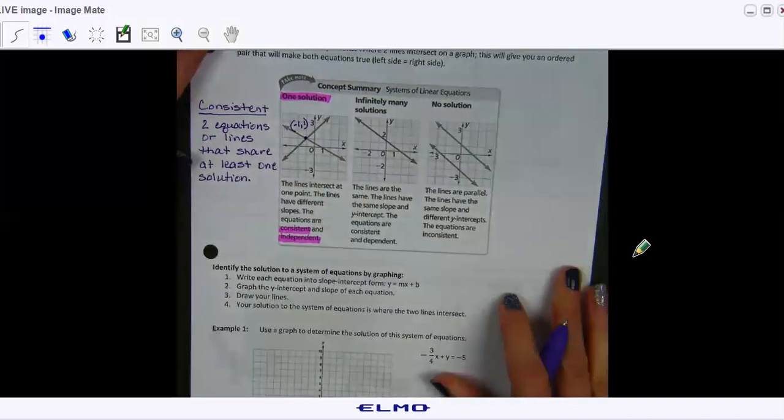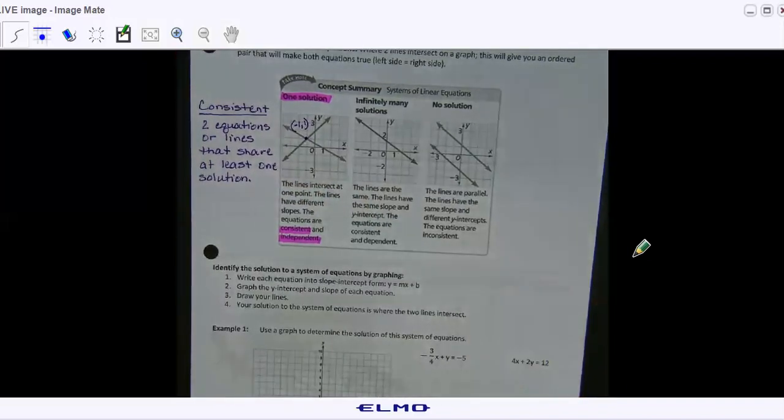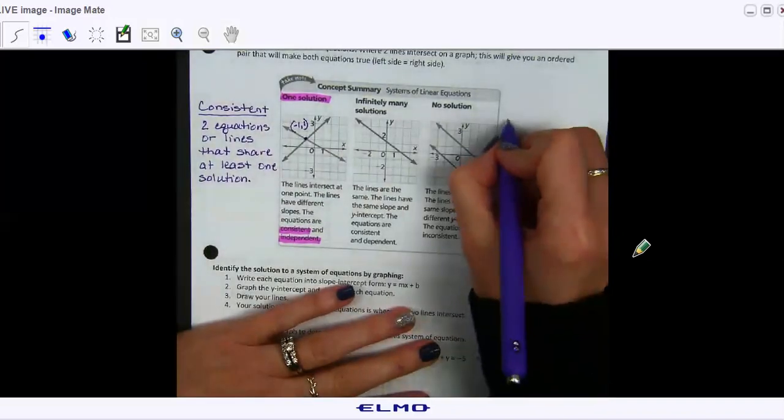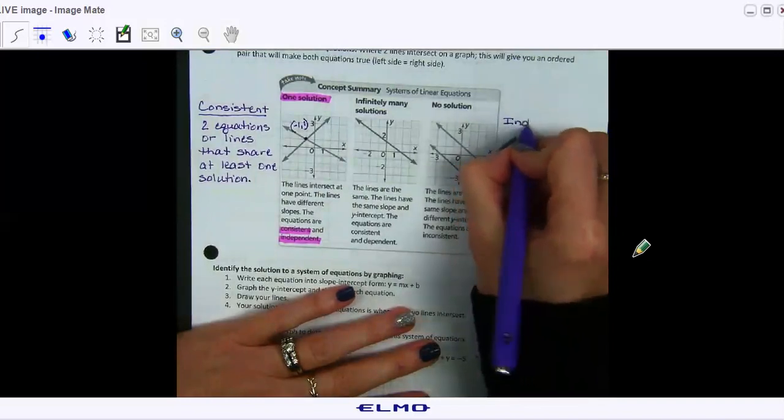Okay, that's what consistent means. They share at least one solution on a graph. Okay, and then over here, I'm going to write what independent means.